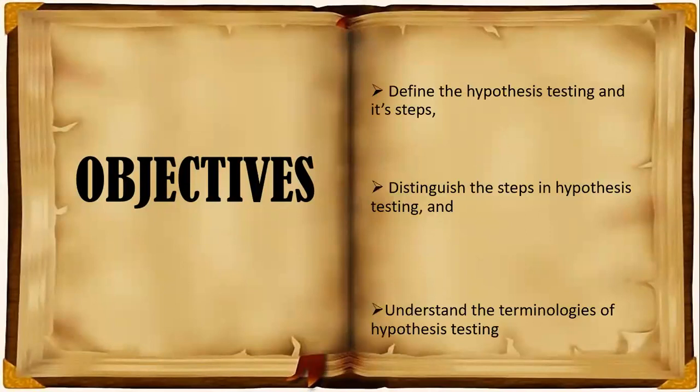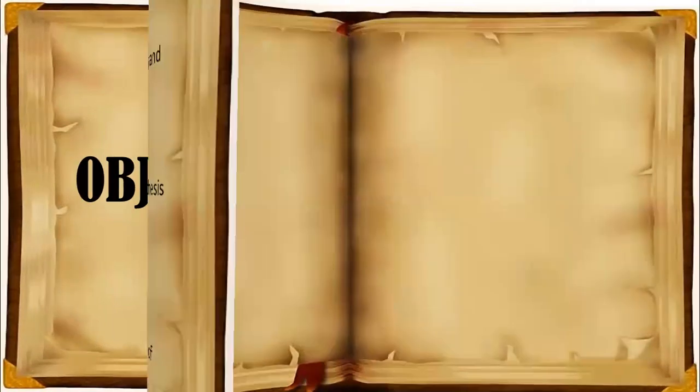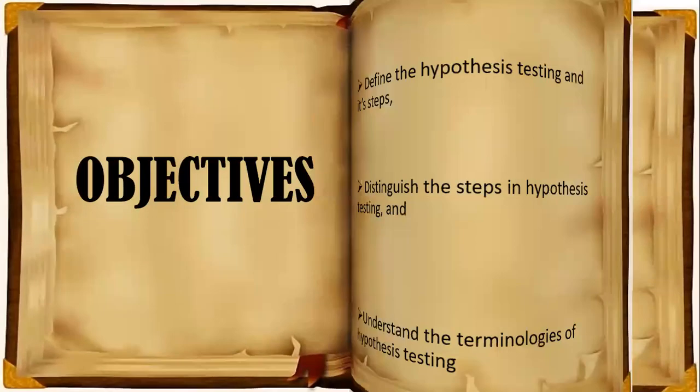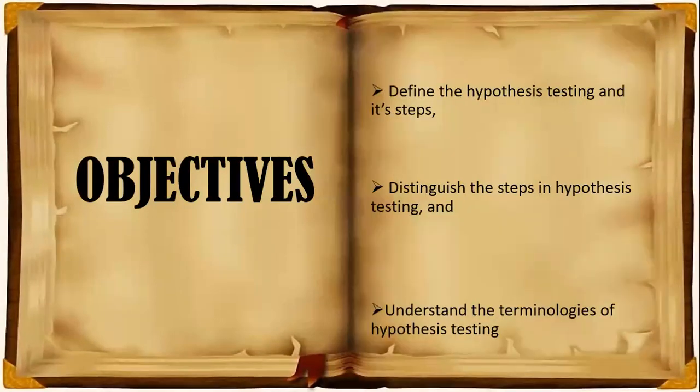At the end of the lesson, you learners must be able to, number one, define hypothesis testing and its steps. Number two, distinguish the steps in hypothesis testing. And for number three, understand the terminologies of hypothesis testing.